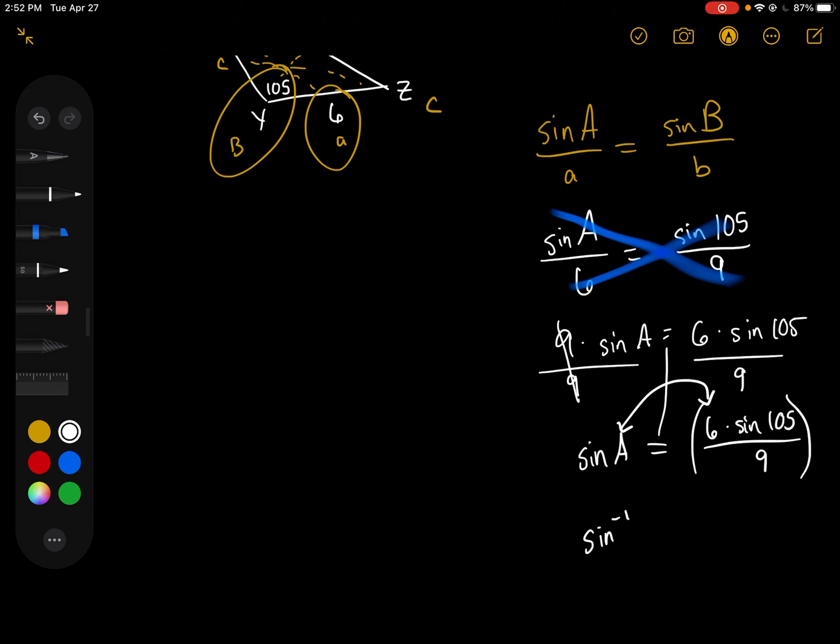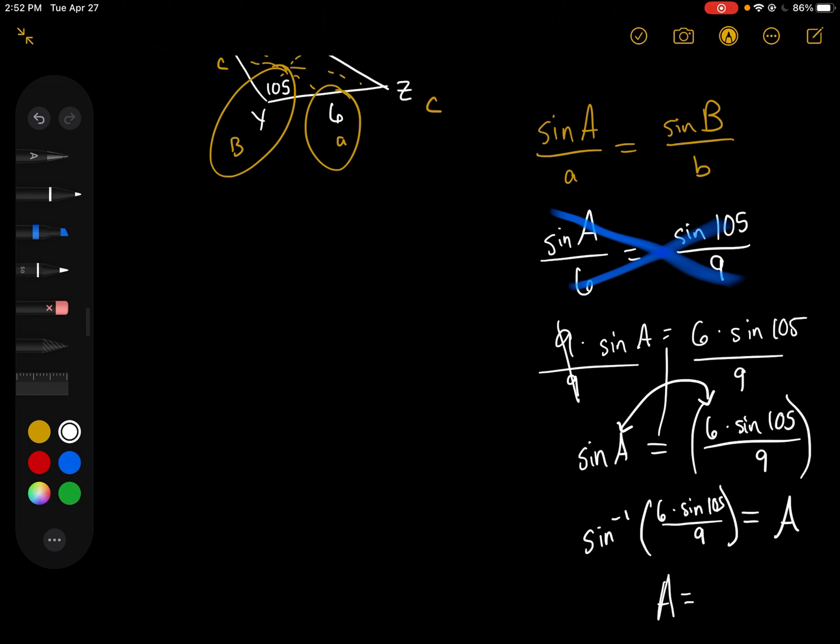So how do we solve? Well, this is the same thing that we did before, a little bit more complicated with our numbers here, but we switch positions. So the A and all of that in the parentheses switch, so we'll have our inverse sine of 6 times the sine of 105 over 9 is equal to A.